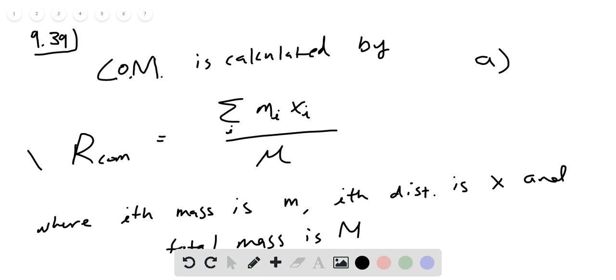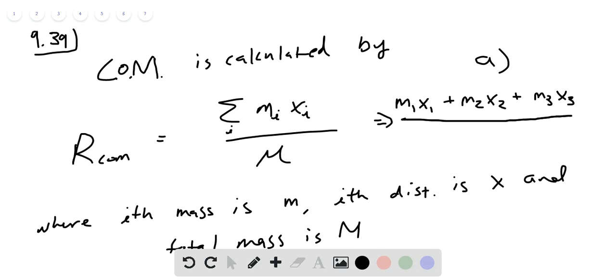So let's say I had on some coordinate system a couple different mass points, M1, M2, M3. They all have different masses, they're all different distances away, and I wanted to calculate their center of mass. With 3 masses, I would say, okay, M1 is at an X1 position, M2 is at an X2 position, and M3 is at an X3 position.